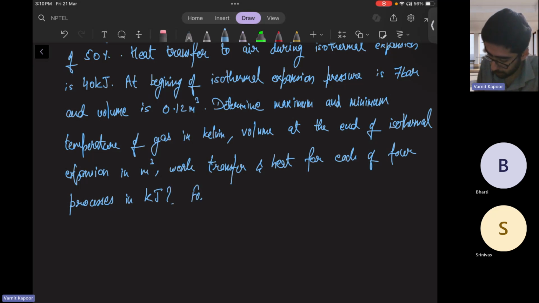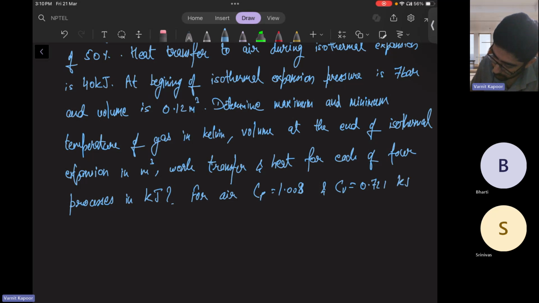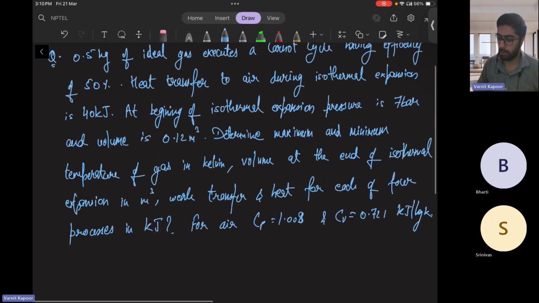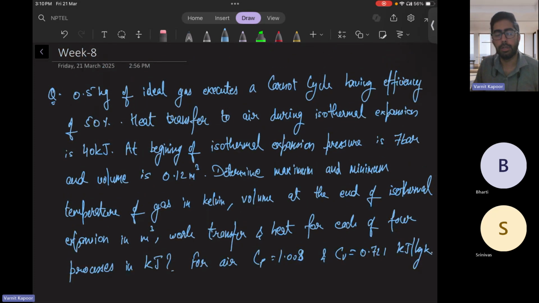You can take for air Cp as 1.008 and Cv as 0.721 kilojoule per kg Kelvin. Okay, all right. Do this. Pretty good question. Take some time and think about it. It's a very basic question on the Carnot engine.